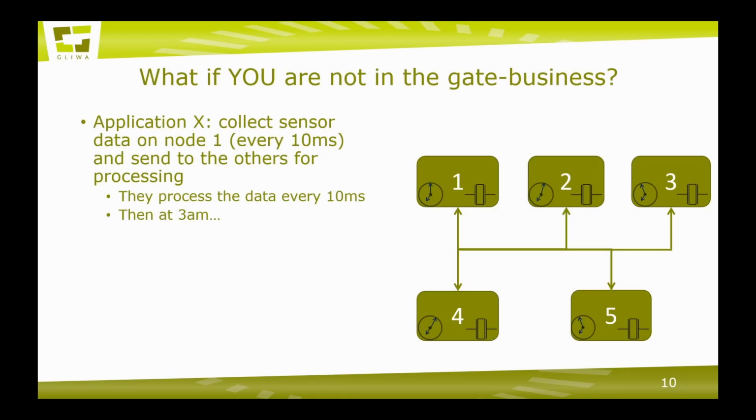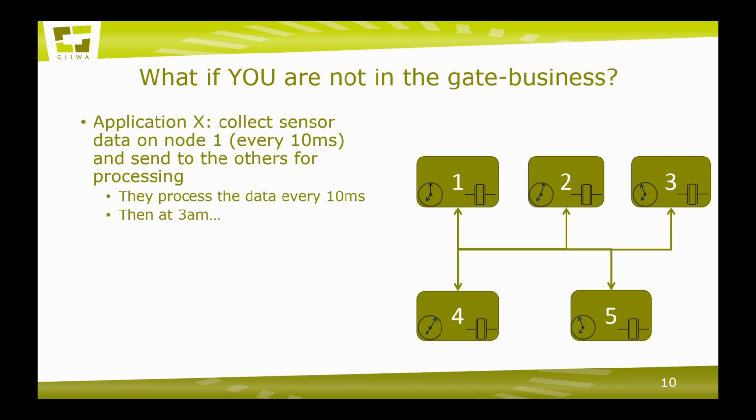Now that we've seen what happens in the real world with microcontroller boards and their crystal oscillators, what kinds of applications are affected by this problem? What if you are not exactly in the gate opening business?